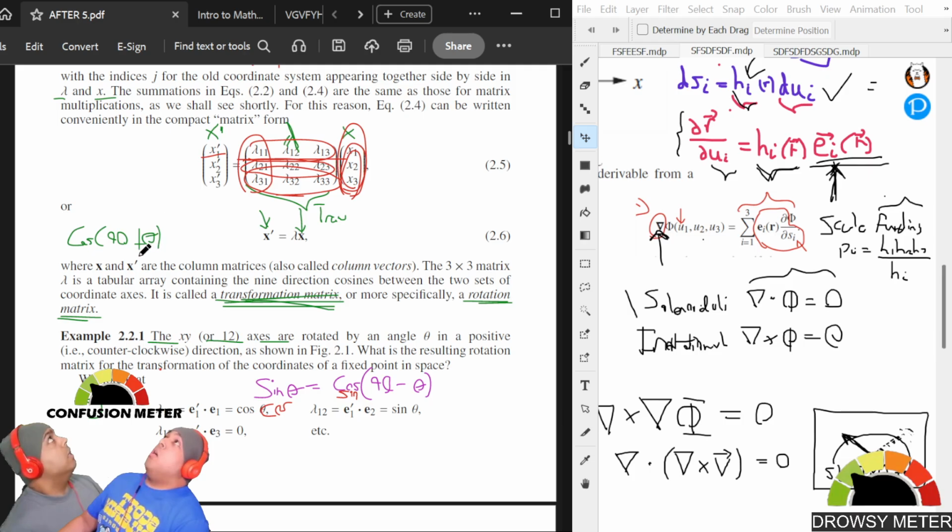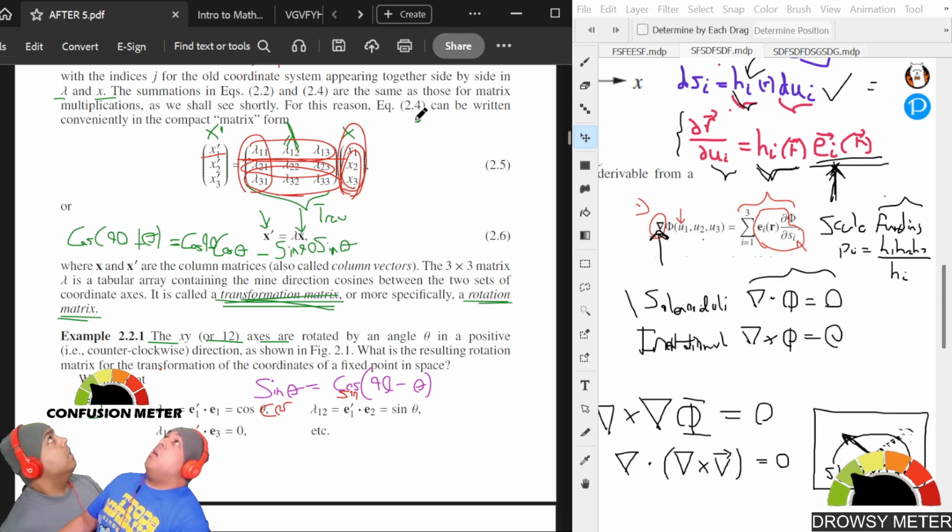Cos A plus B is cos A cos B minus sin A sin B. So cos 90 cos theta minus sine 90 sine theta.